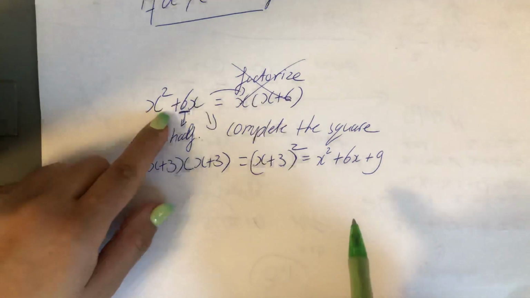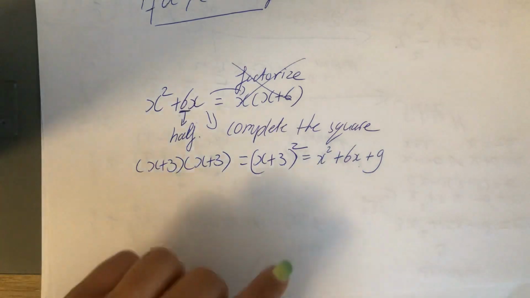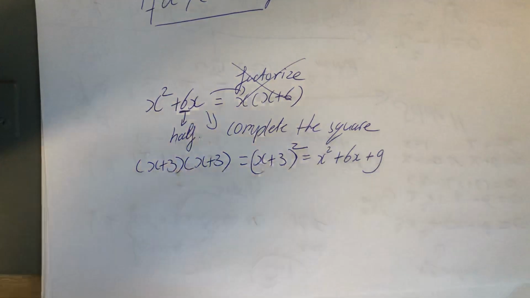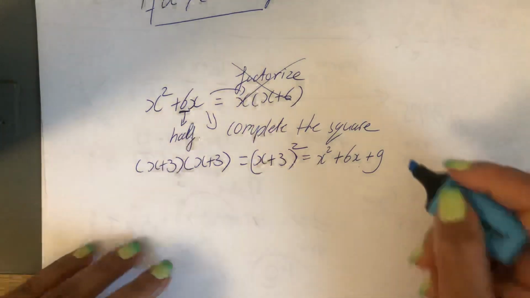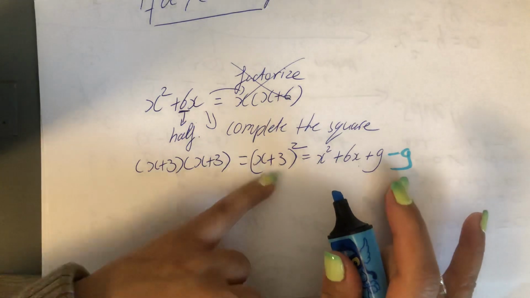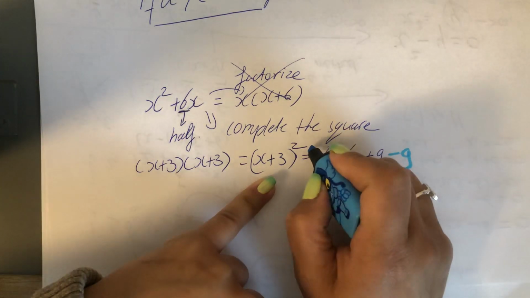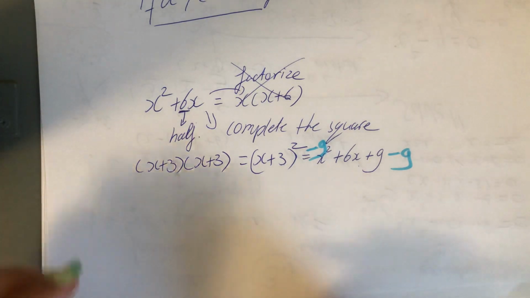So what we see looks almost the same, but the 9 is bothering me. How can I get rid of the 9 over here? Well, I must find a way to get minus 9. I want this, but with the minus 9 in the back. So this is called completing the square.